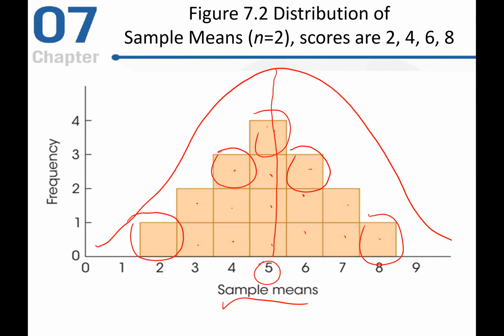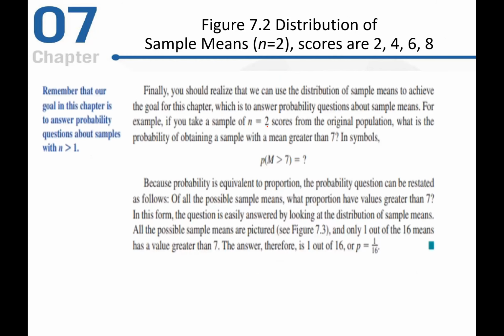Okay, so let's continue with this. Using that same distribution, you should realize that we can use the distribution of sample means to achieve the goal for this chapter, which is to answer probability questions about sample means.